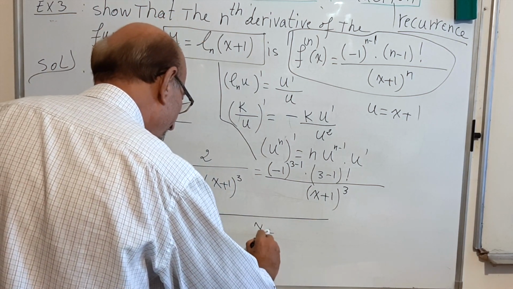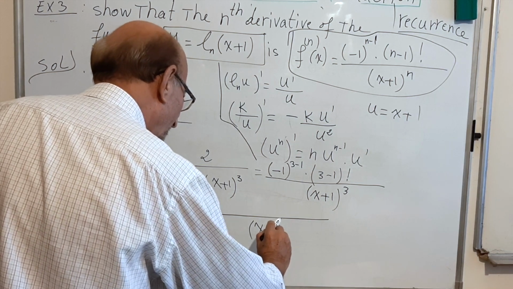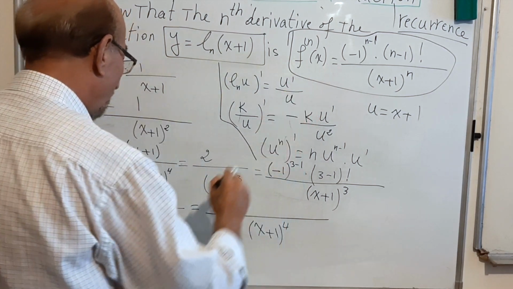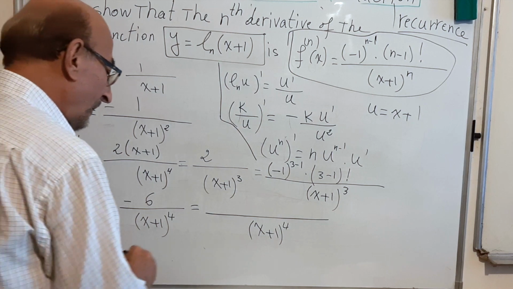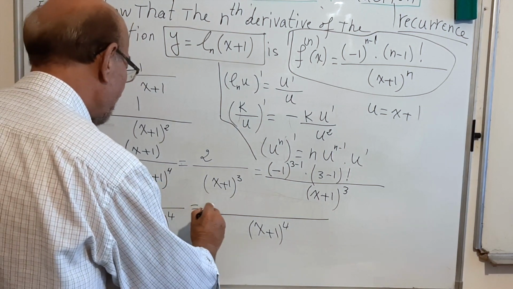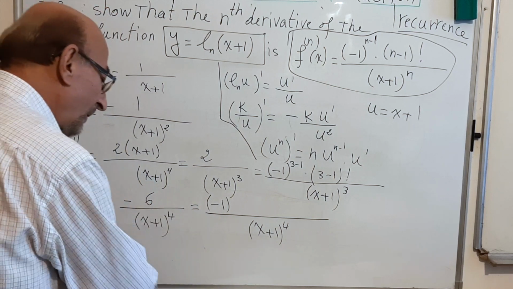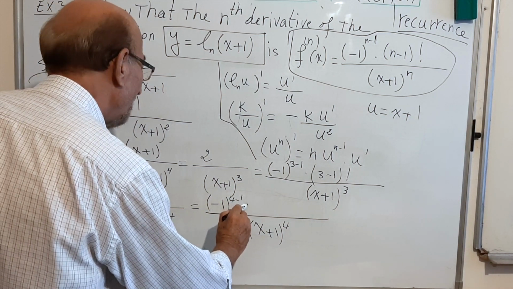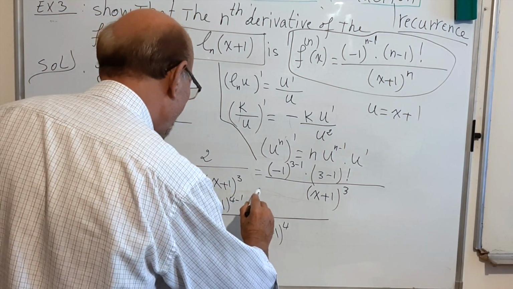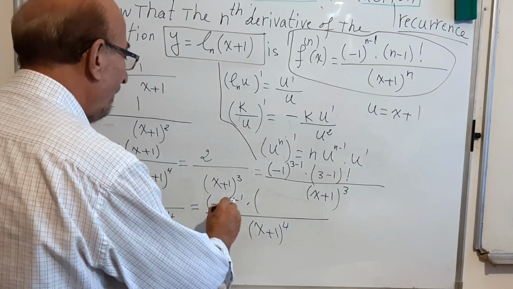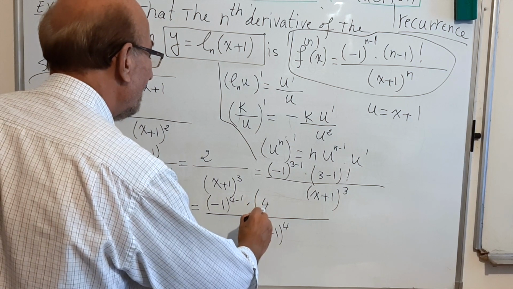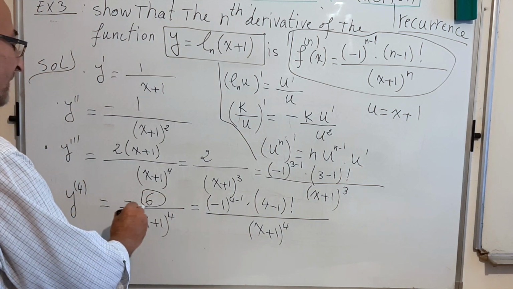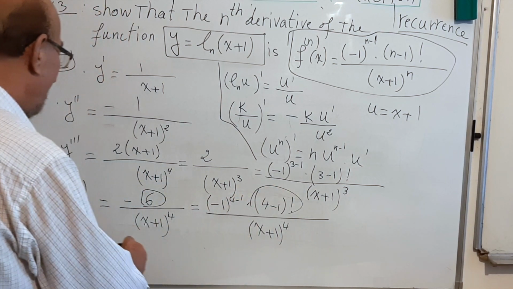Also, we can write the answer with the formula: minus 1 power the order 4 minus 1, times 4 minus 1 factorial, which equals 3 factorial. 3 factorial is equal to 6, etc.